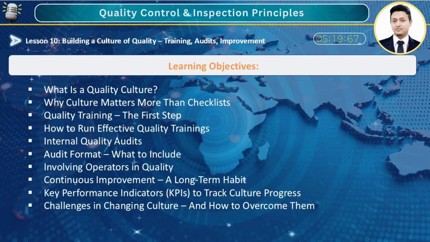By the end of this session, you'll clearly understand what a quality culture really means, why culture is more powerful than just having checklists, how to build culture through effective training, how to run quality audits, why involving operators is critical, and finally, how to measure progress with KPIs and overcome common challenges. So, let's get started.